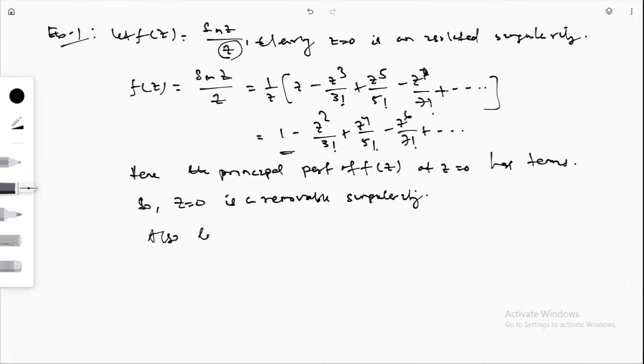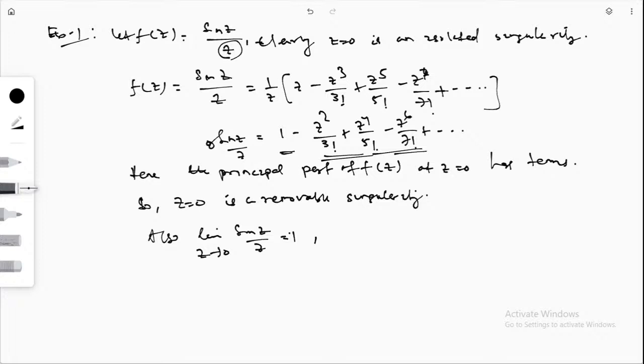Also, what is the limit as z goes to 0 of sin z by z? It is only 1.